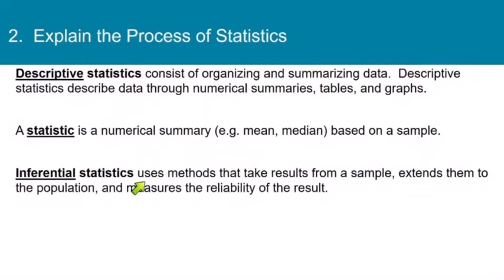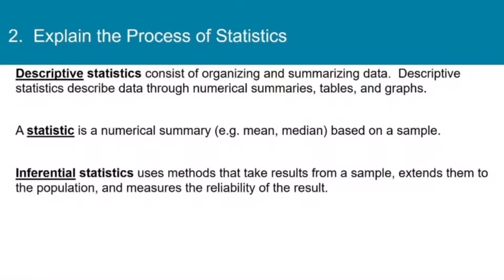So inferential statistics uses methods that take results from a sample and extend them to the population, and measures the reliability of the result. Don't forget that part, that's very important. For example, let's say I have 200 college algebra students and I've just given a test, and I want to know the average test grade.